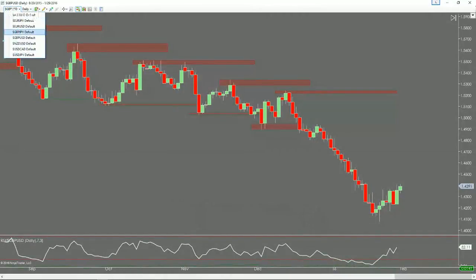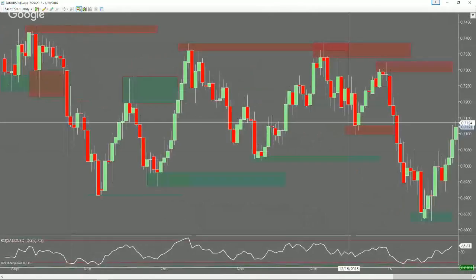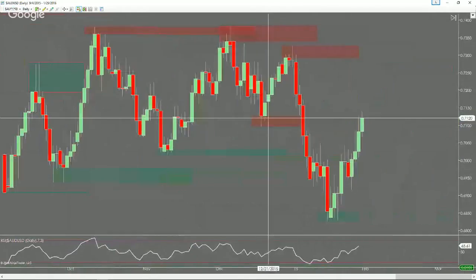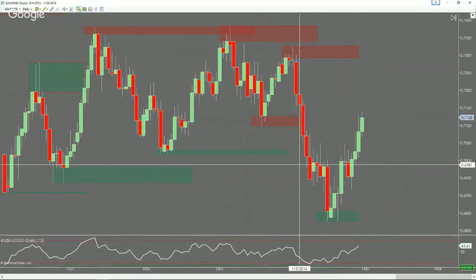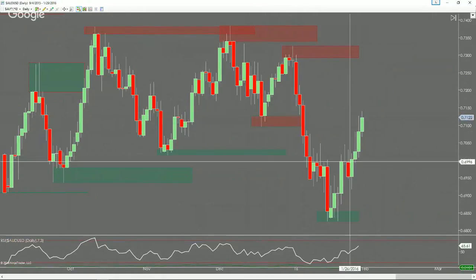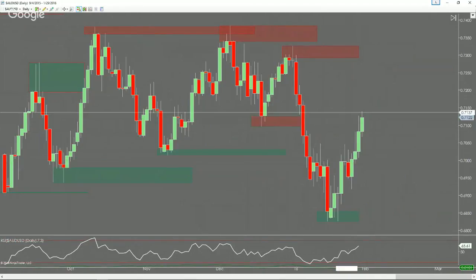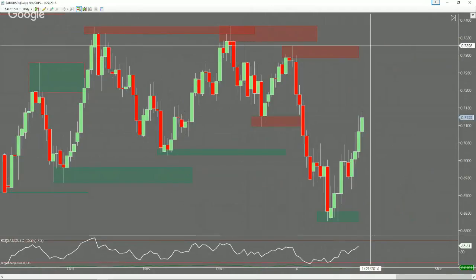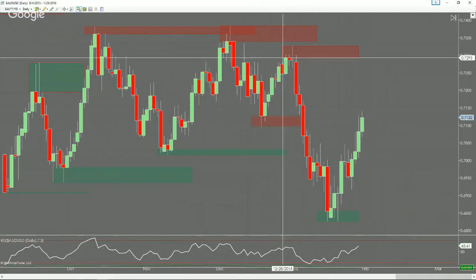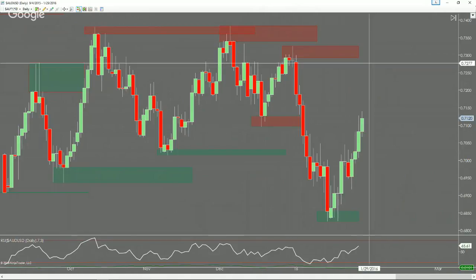Let's go down to the Aussie dollar. Aussie dollar, we have price at that structure level right here. Now, a couple things can happen. It can come back down to retest this structure level right here, or it could just continue up to this structure level right here and find resistance over here.